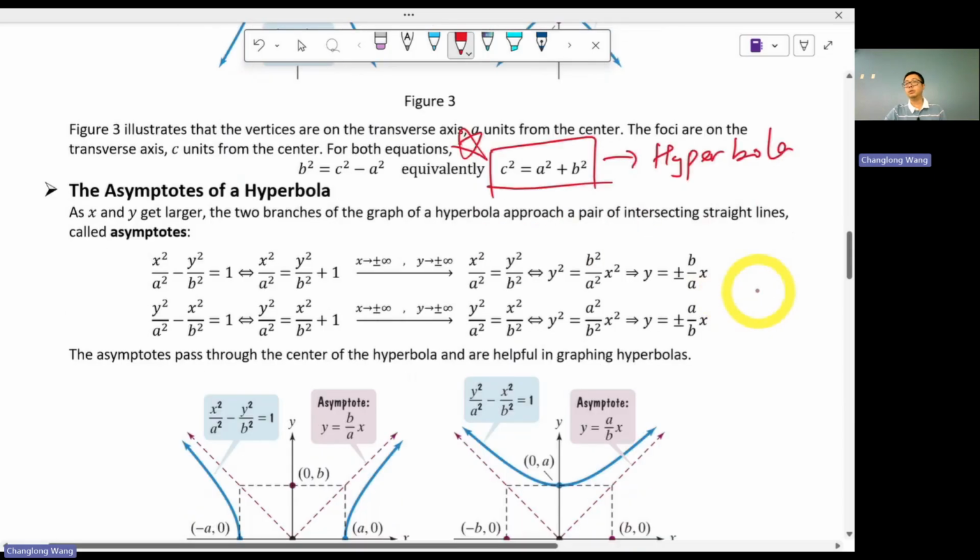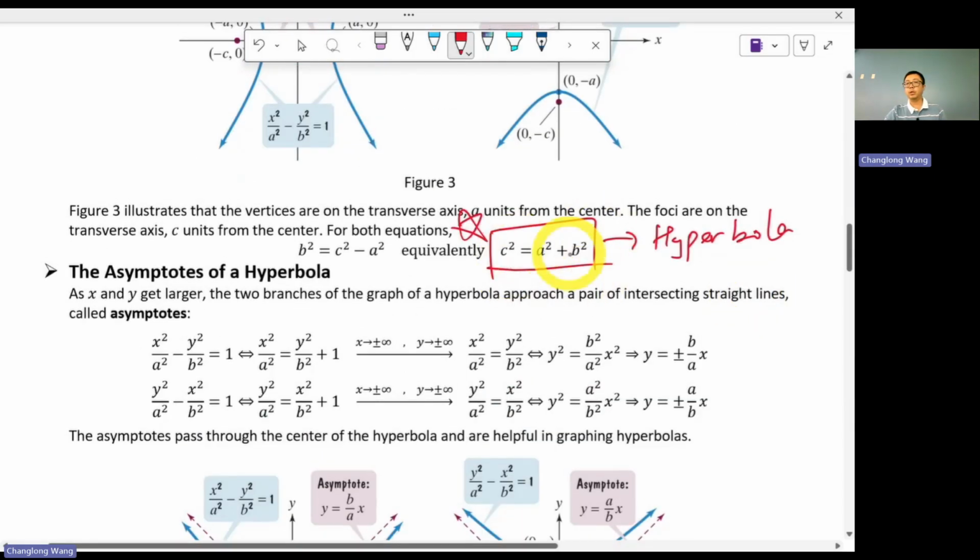Now, does anyone know a similar expression bridging all the constants A, B, C for the ellipse? It looks similar but different. For the hyperbola I have c squared equal to a squared plus b squared. What about the ellipse? It's c squared equals a squared minus b squared, right?